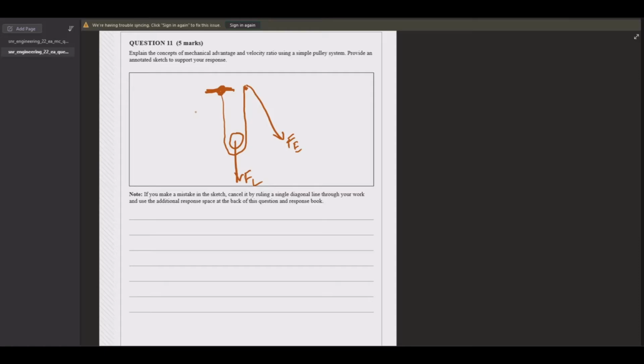So, we have 2 lines here, which means that let's do velocity ratio first. If we want to move this load here up, let's say 2 meters, then we're going to be subtracting only 1 meter.